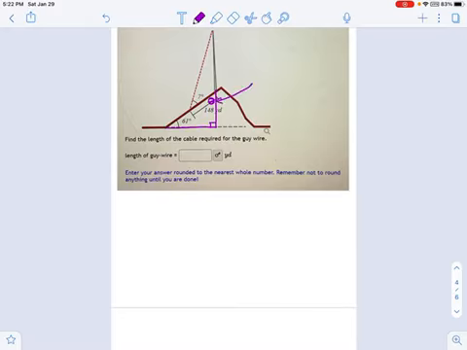Theta is going to be equal to 180 degrees, the total of a triangle, minus 90 degrees, the right angle, minus 61 degrees. Okay, so what do we get? We get 180 minus 90 minus 61, 29 degrees. So I know that theta is 29 degrees.